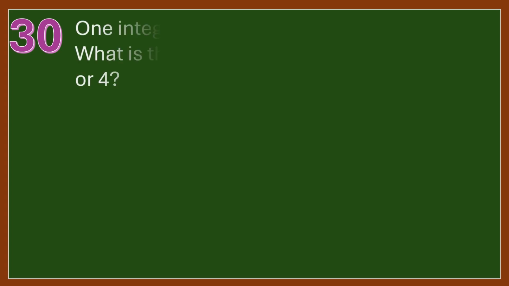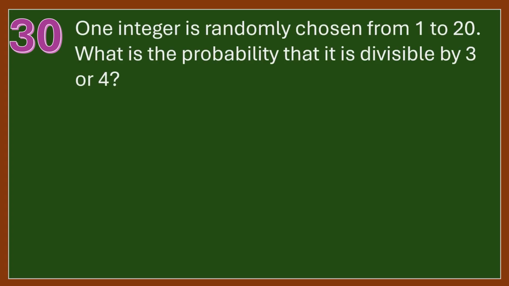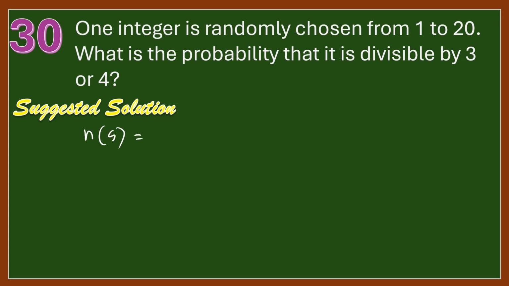Number 30. One integer is randomly chosen from 1 to 20. What is the probability that it is divisible by 3 or 4? We're choosing from the integers 1 to 20, hence the sample space has 20 elements. So the cardinality of the sample space is equal to 20.